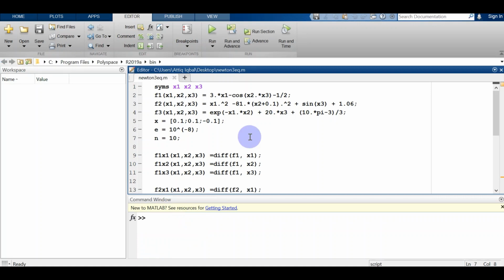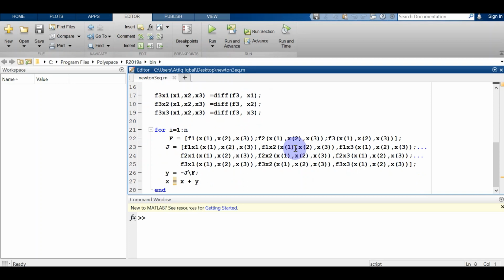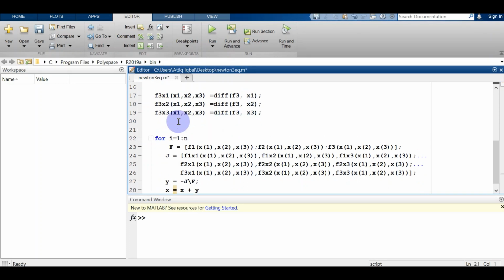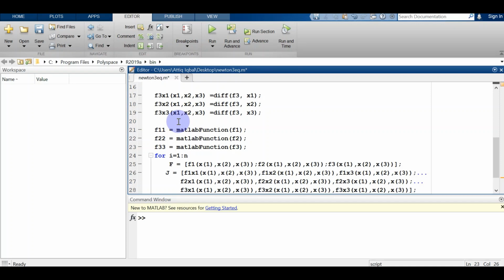Okay, we are back again. So now our task is to convert these symbolic expression functions into function handles. To convert the symbolic expression into a function handle, we will use the simple MATLAB command matlabFunction.